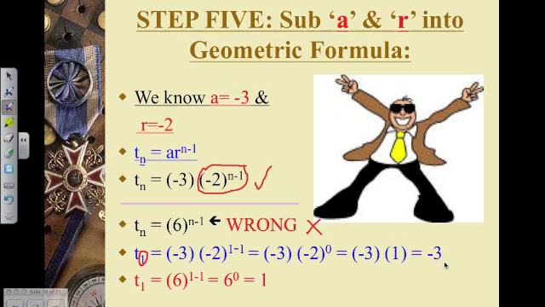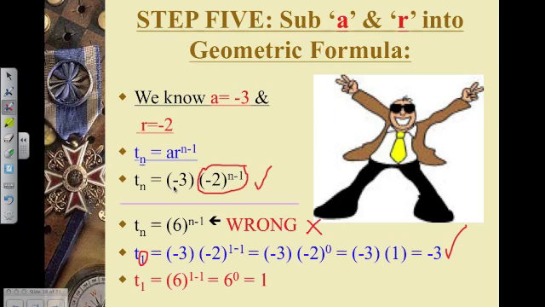That is correct. However, if I plugged n is equal to 1 into the wrong equation, I would get my first term is equal to 1. So it's very important that you remember not to combine the two bases. You're going to keep them separate.